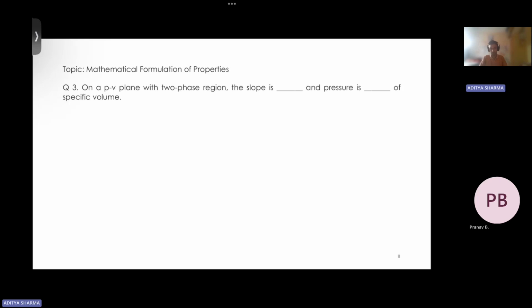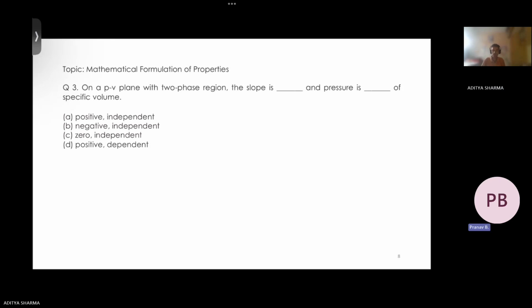Okay, so let's continue with the session. So this is question number 3, and this again is on mathematical formulation of properties from lecture 10. So this question again is on PV plane, and the options are these. Option C is zero and independent.